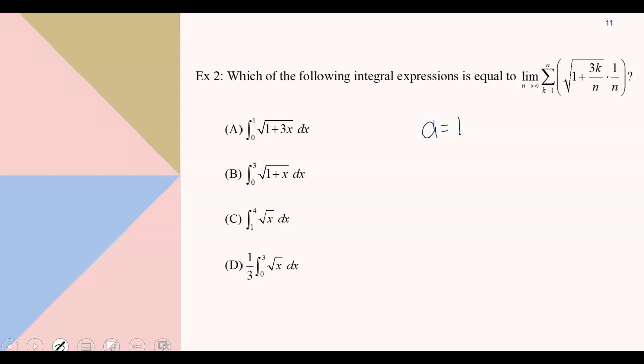So how many choices have a lower limit of 1? 1. Again, I think it's very important to look for those key pieces of information. On the outside, we have my delta x, which is my b minus a. So I needed the difference from b to a to be 3. So 4 to 1 is 3.